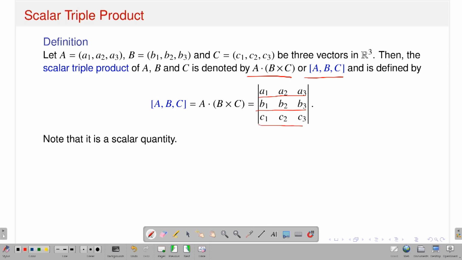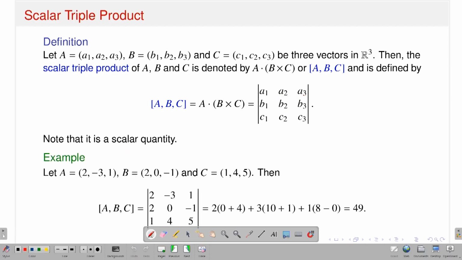Okay. So, a determinant of a matrix is a scalar quantity. So, this scalar triple product is a scalar quantity, and we can see this example. I take the vector capital A as 2, minus 3, 1. The vector B is taken as 2, 0, minus 1. The vector C is taken as 1, 4, 5.